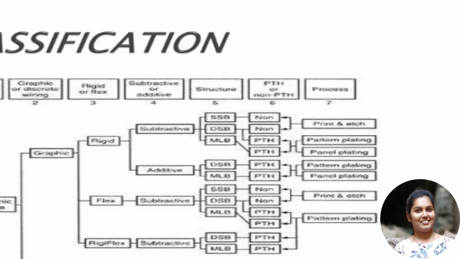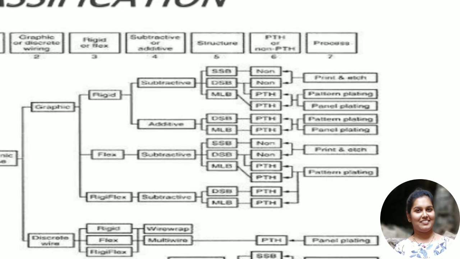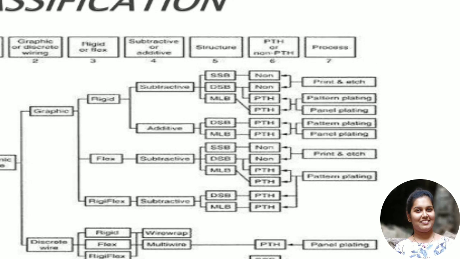And next one is what we have discussed just now, based upon subtractive or additive. If you use only the layers of conductor which are useful for that particular circuit, that is called subtractive. Whereas additive means onto the copper layer again we will be adding the copper lines on which components have to be placed.